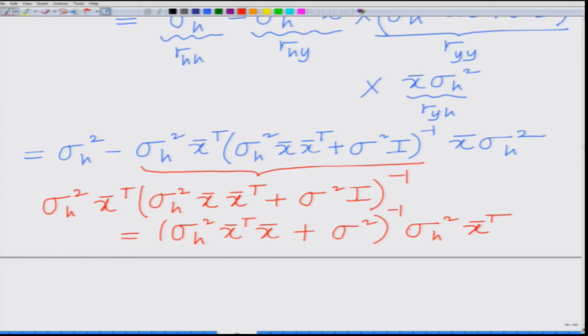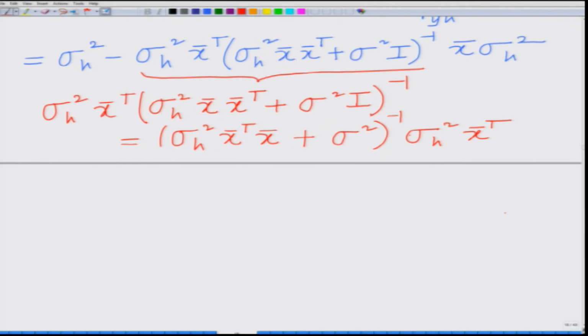This is something that we have already shown, and now you can see this is a scalar quantity, sigma_h square x bar transpose x bar, because x bar, remember we justified this, x bar transpose is a row vector, x bar is a column vector. So, x bar transpose x bar is a scalar quantity, that is in fact norm x bar square.